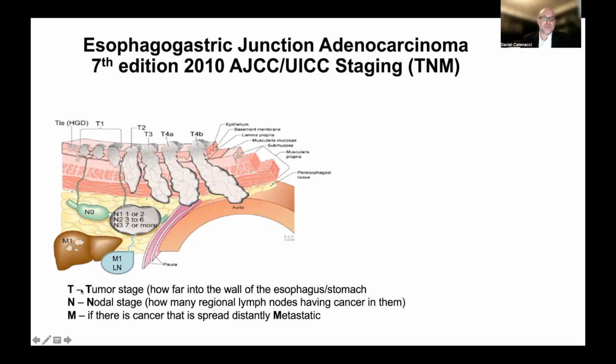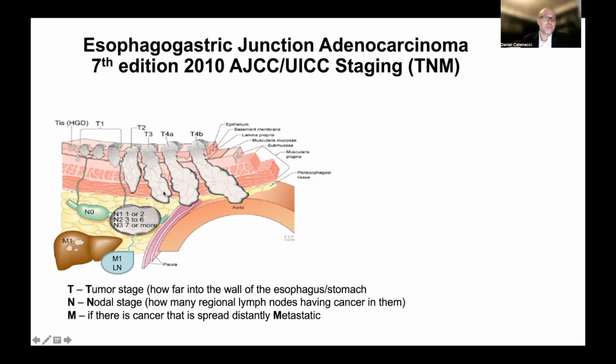The T stage refers to the tumor stage, or how far into the wall of the esophagus or stomach the cancer has invaded. It's important to note that in this staging system, it is not important to know the size of the mass. The mass can be very large but superficial, and it would be a lower T stage. It can be very small but very deep, and it would be a higher T stage.